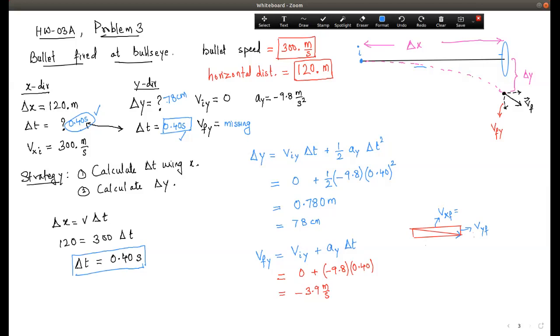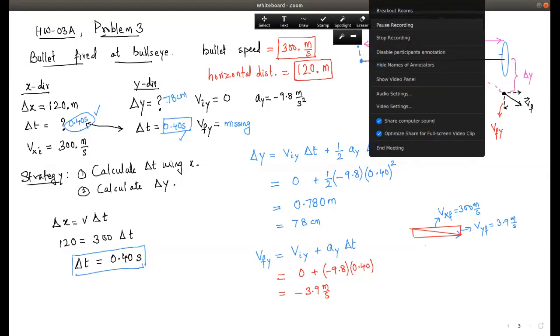That's still going at 300 meters per second, and this is really small relatively, so that's only 3.9 meters per second. Significantly small. So it's almost going horizontally still, but sufficiently large to deviate significantly, by almost half the length of an adult body. So that brings out a few of the points in the problem.